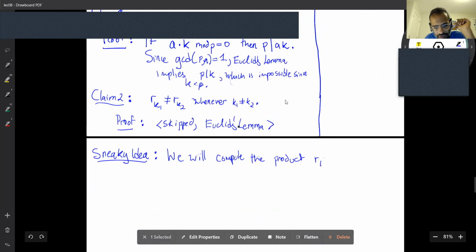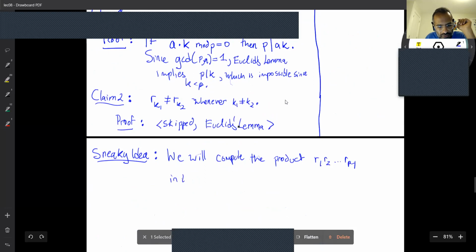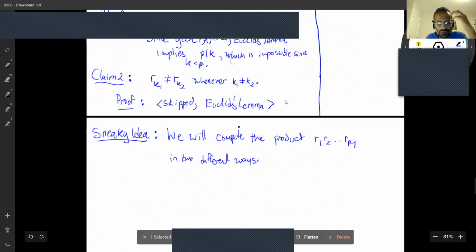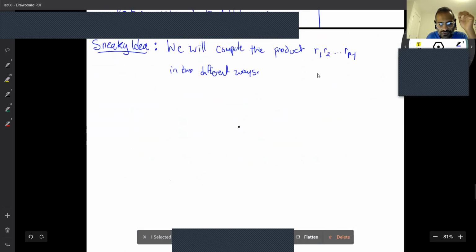The product of the remainders, R1, R2, all the way to R_{p-1}, in two different ways. This is a very common trick in math. Compute the same thing two different ways. Sounds like it shouldn't do anything, but it actually often is very powerful.